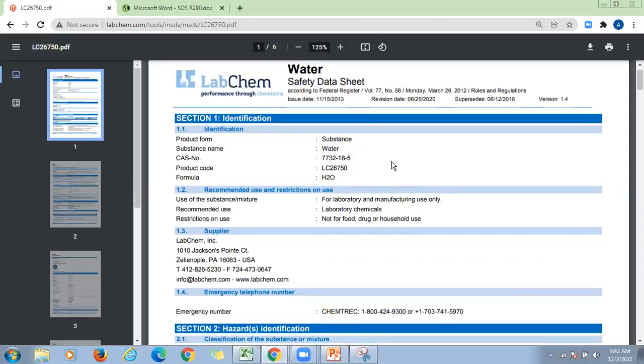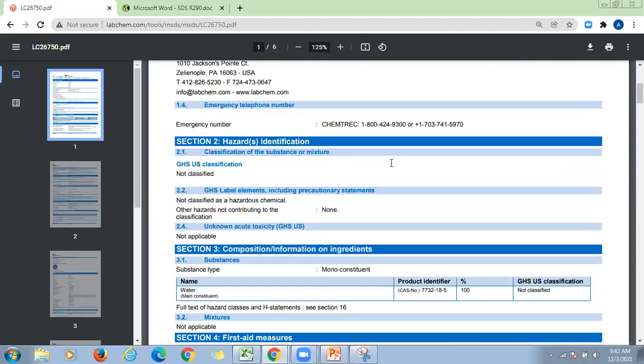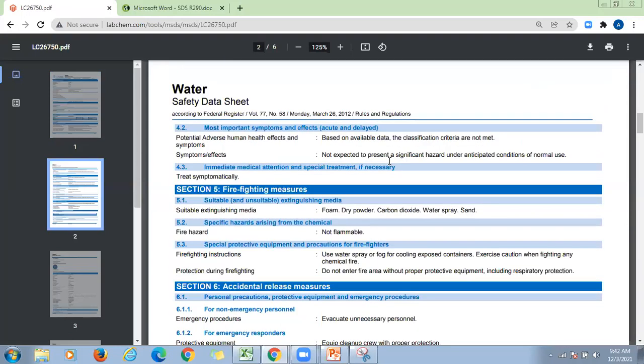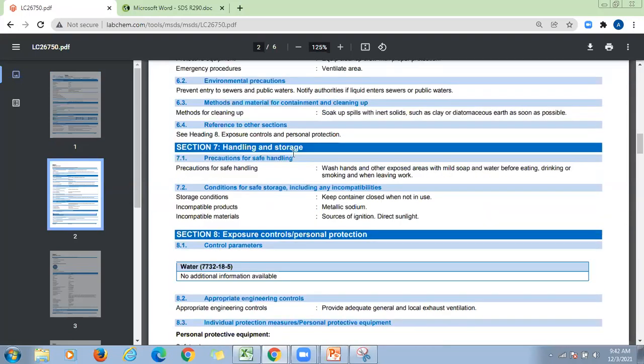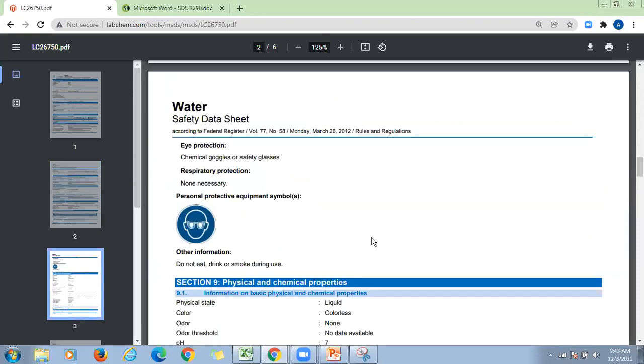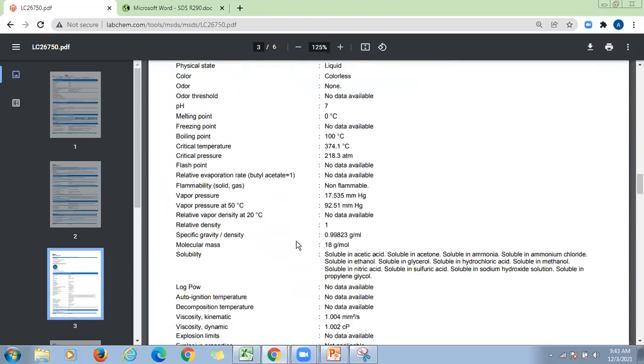You can see, okay. See, even handling and storage of water. Exposure controls, personal protection. That's why when it comes to technology, in water safety data, when you handle this, there is eye protection and physical chemical properties.